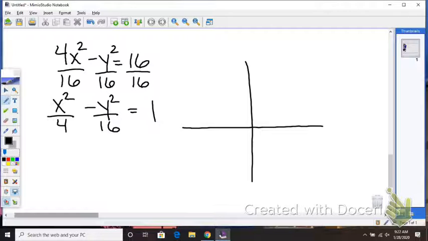Don't worry about finding the C either. Don't forget, how many did you go out there? Oh, 4. Okay, but this is A squared.